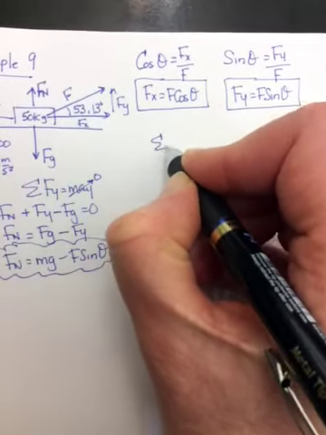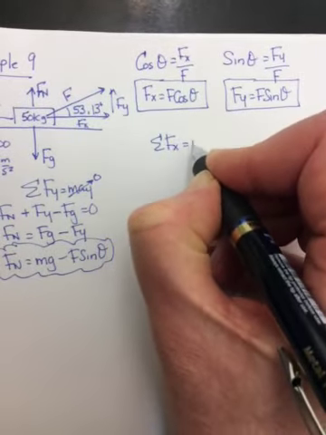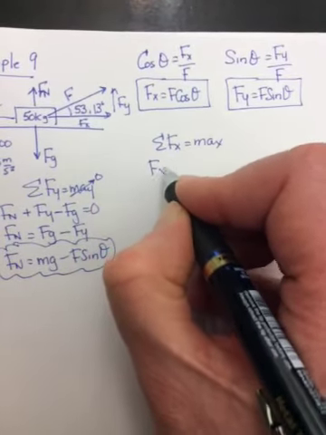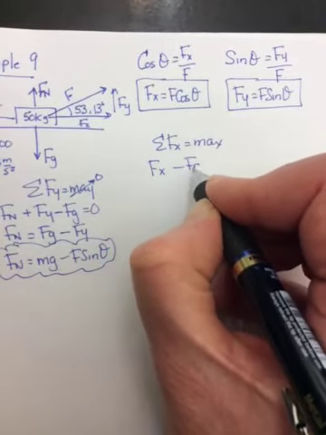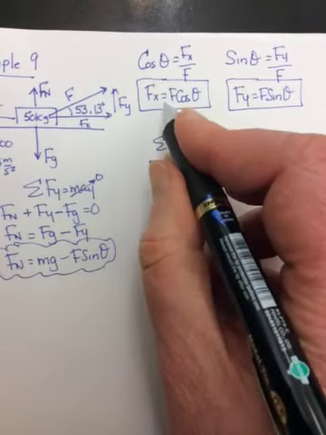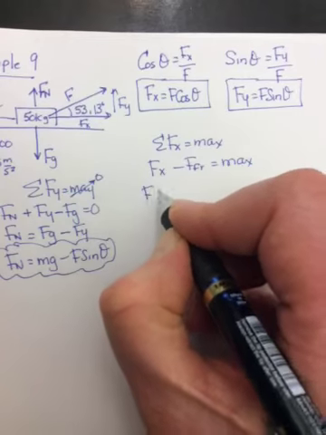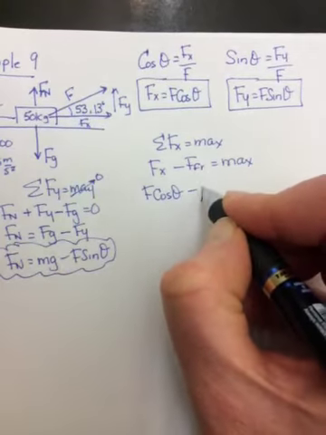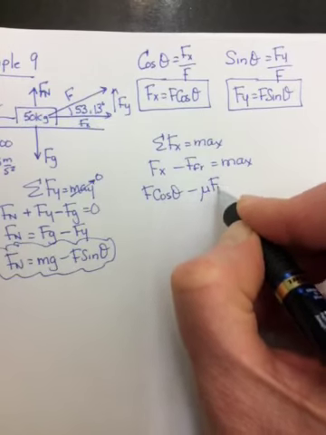So now go to sum of the forces in the x direction. In the x direction, you have an Fx minus friction, and that's equal to max. Fx we have up here, it's F cos theta. And friction, we know, from the Fun equation, is just mu Fn.